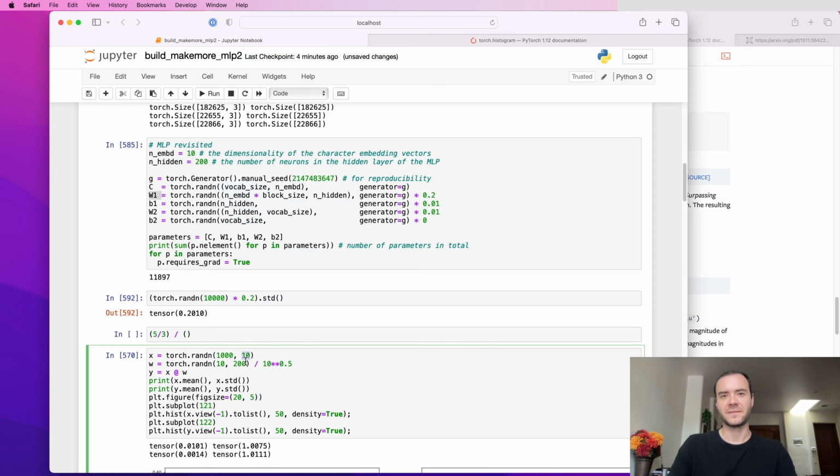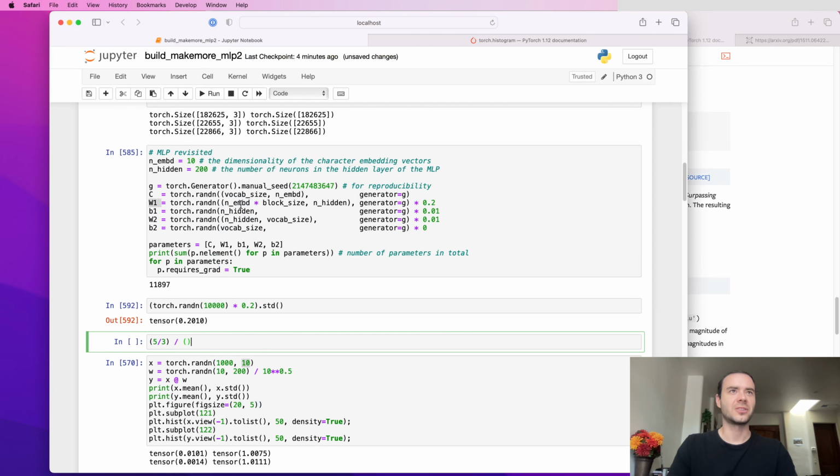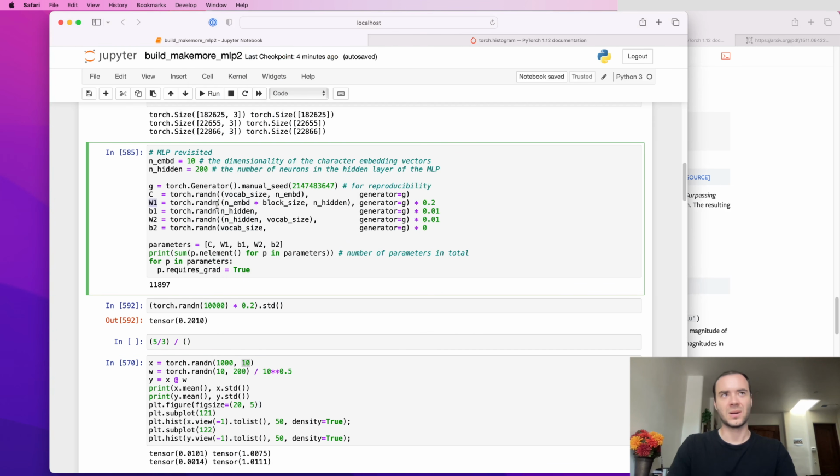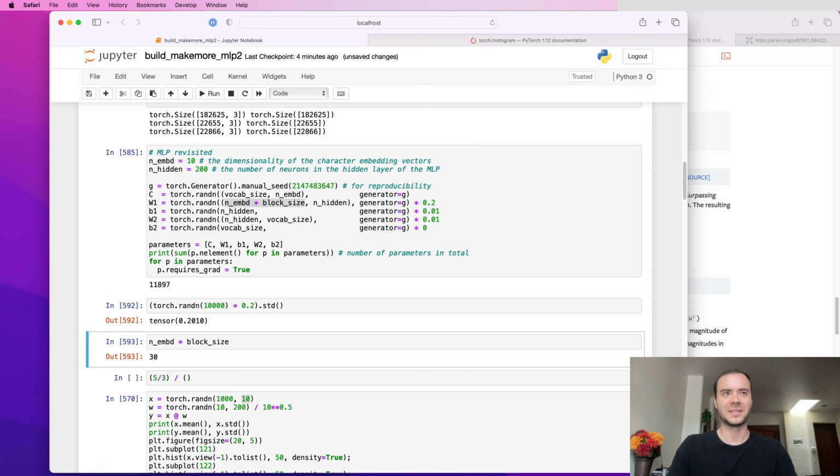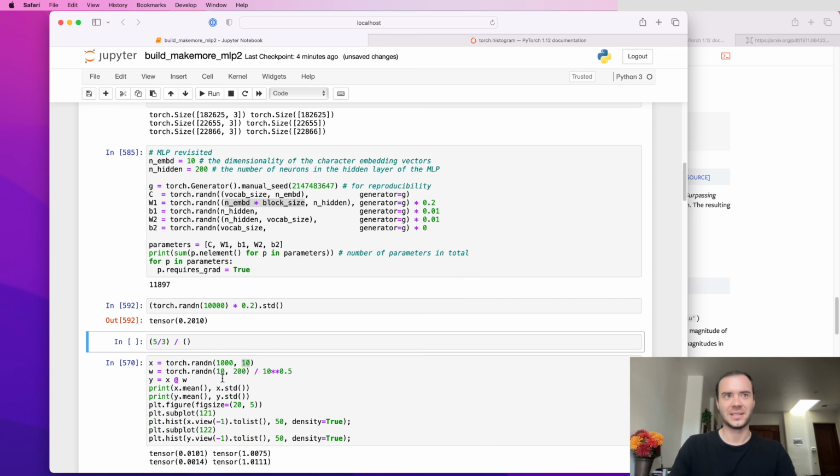And in this example here, the fan-in was 10. But I just noticed that actually here, the fan-in for W1 is n_embed times block size, which as you all recall is actually 30. That's because each character is 10-dimensional, but then we have 3 of them and we concatenate them. So actually the fan-in here was 30, and I should have used 30 here probably. But basically we want the square root of 30.